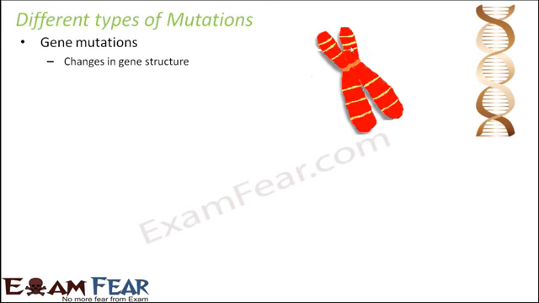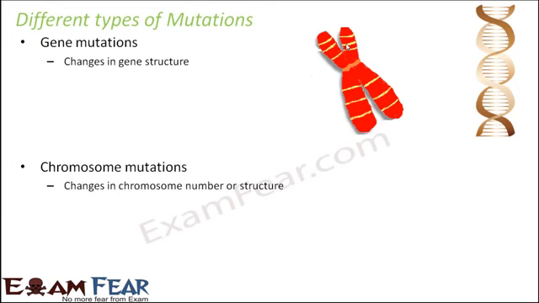This change can be in the form of some mismatch between the sequence of the bases. That can be anything. Whenever there is a change in the gene structure, the protein synthesis gets affected. And when the protein synthesis gets affected, the trait gets affected and mutations are seen. So this is one type of mutation.